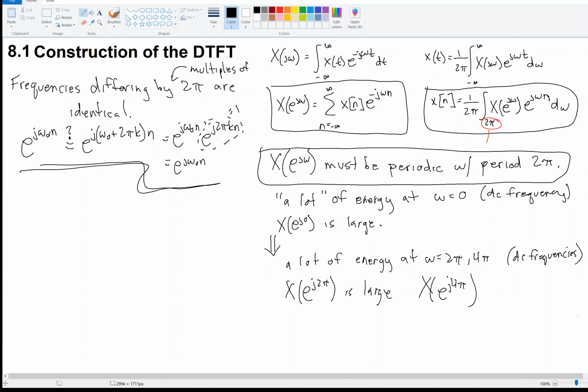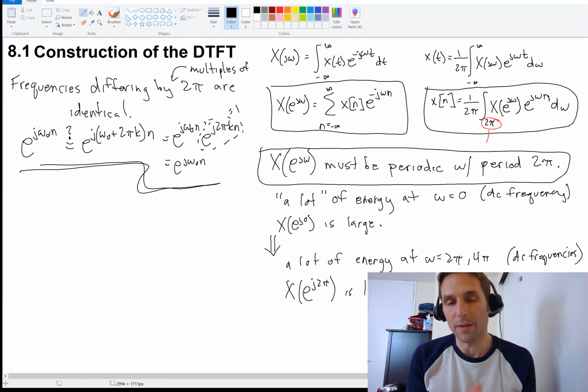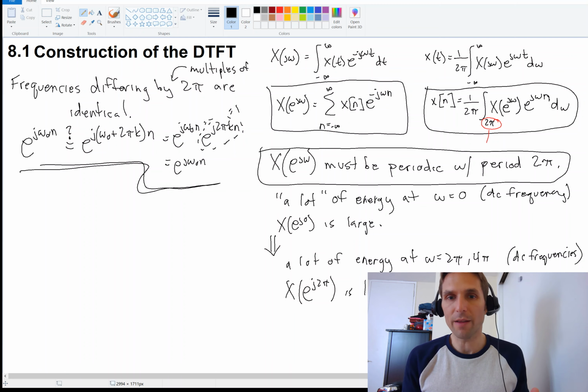So this is a huge difference for the discrete time Fourier transform versus the continuous time Fourier transform. Given a signal, if you calculate its discrete time Fourier transform and you get something that is not periodic with period 2 pi as your answer, then you have the wrong answer. You've done something incorrectly.